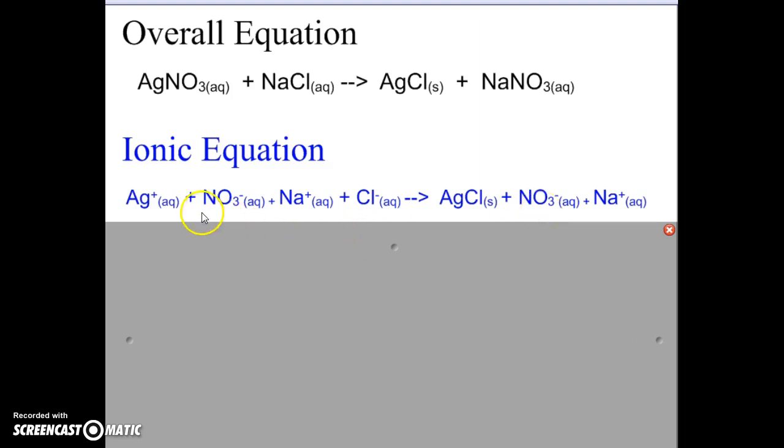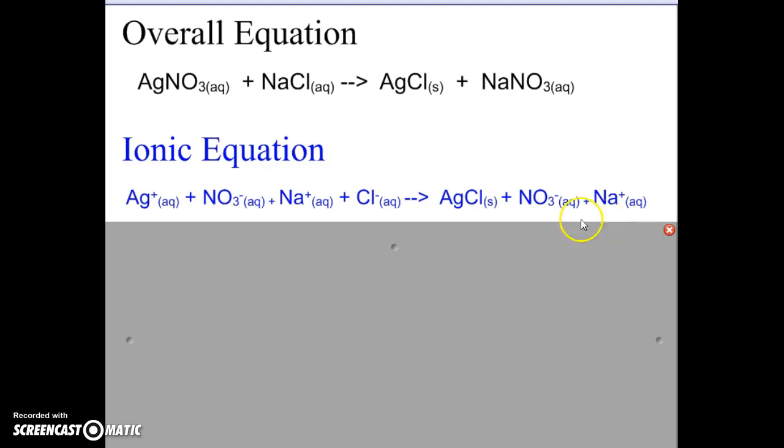Notice that on one side of the equation you see a nitrate ion, and also on this side you see that the nitrate ion doesn't seem to be changing at all, and there's a second ion, the sodium ion, that is unchanged.